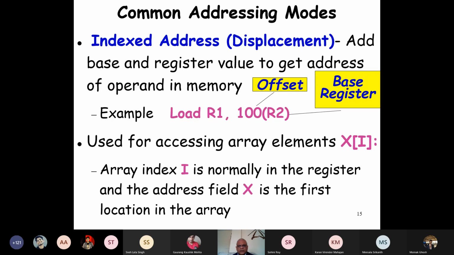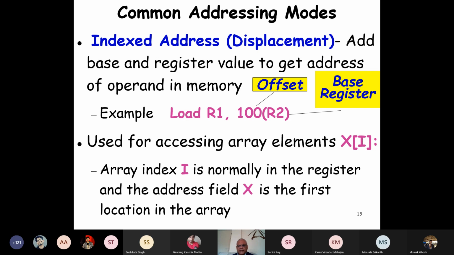And then the fourth important addressing mode is the indexed addressing. It's also called the displacement addressing. It is specified in this form: 100 within brackets R2, where R2 is the register. So here 100 is the displacement.